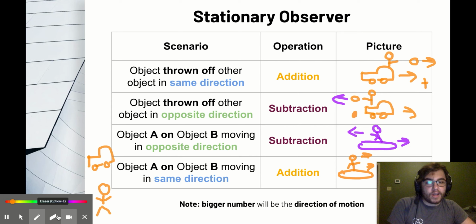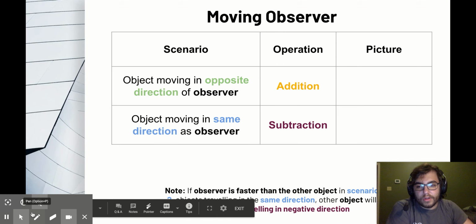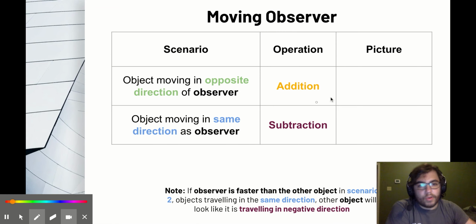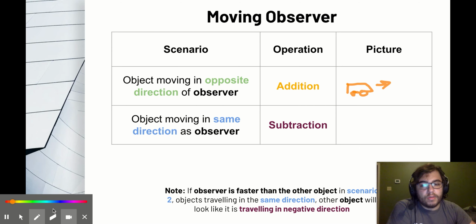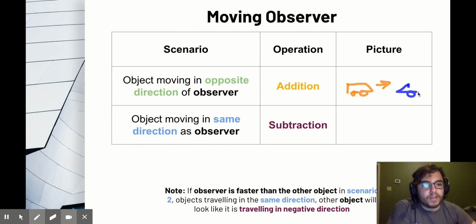Okay, let's move to the other table. Make sure you draw both of these and write them down in your notes. All right. So we're here. We have one car traveling in one direction. We have another car traveling in the opposite direction. The worst cars of all time.